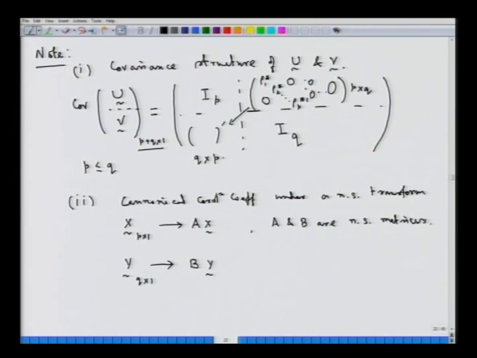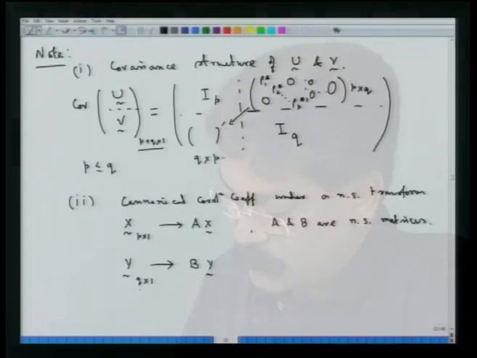Now, the point of interest in this note is to look at what is the change in the canonical correlation coefficients, if any, in the transformed set of random vectors. So, instead of considering x and y as the original random vectors, if we look at Ax and By, what is going to be the corresponding change, if any, in the canonical correlation coefficients? So, these are the two non-singular matrices.